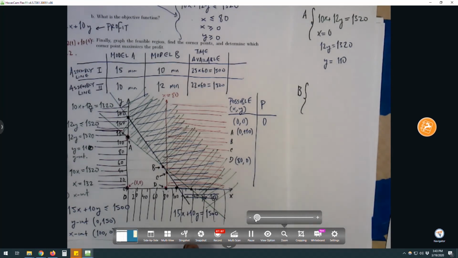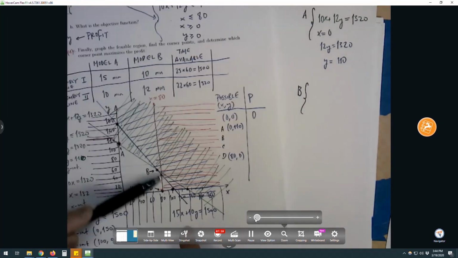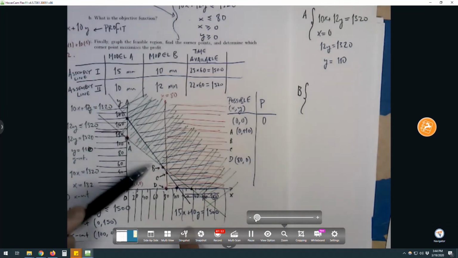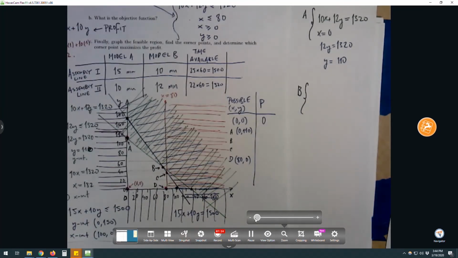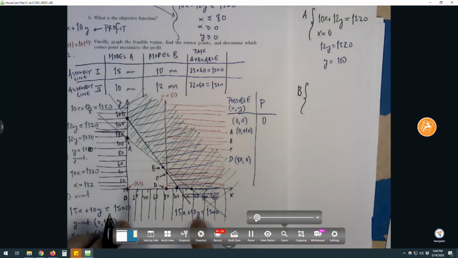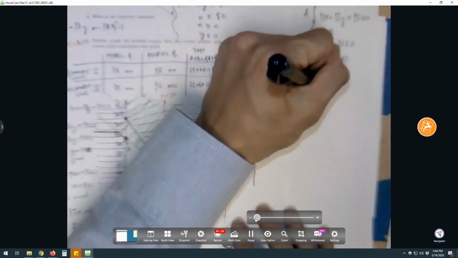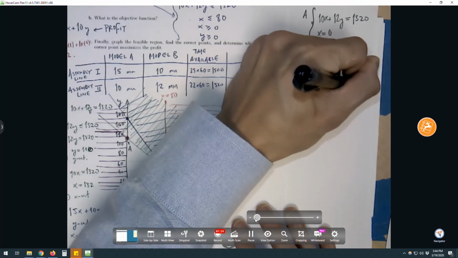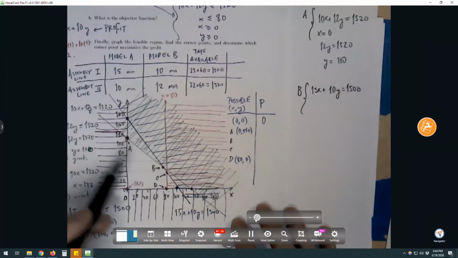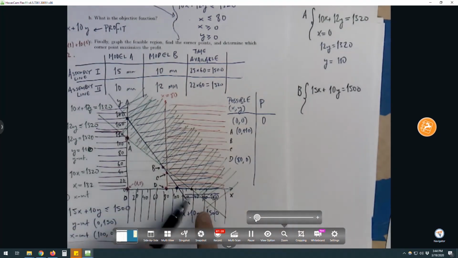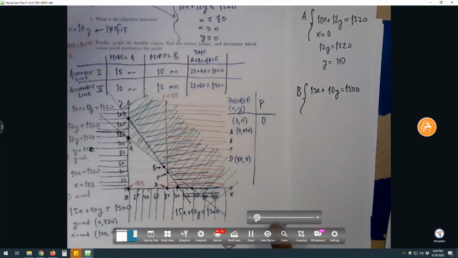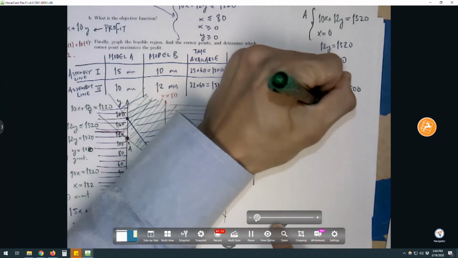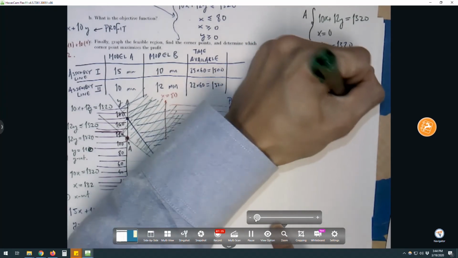So you can see that B is going to be this blue line intersected with the green line, okay? So what's the blue line? Blue line is 15x plus 10y equals 1500, okay? And then the green line, again, is 10x plus 12y equals 1320.